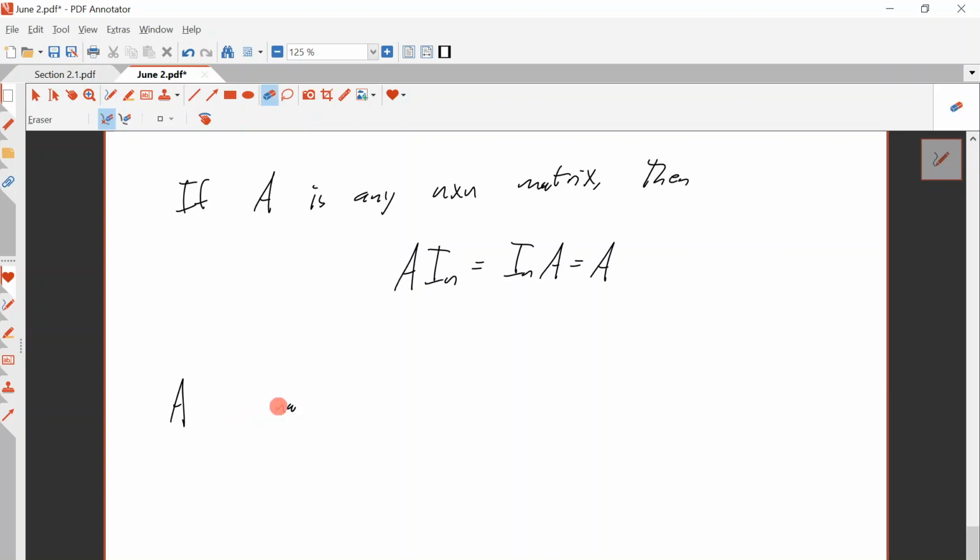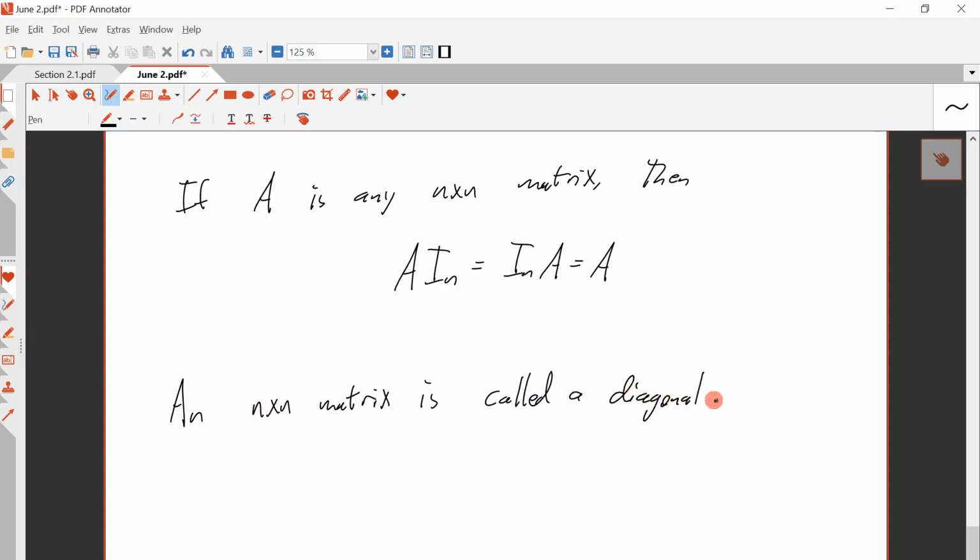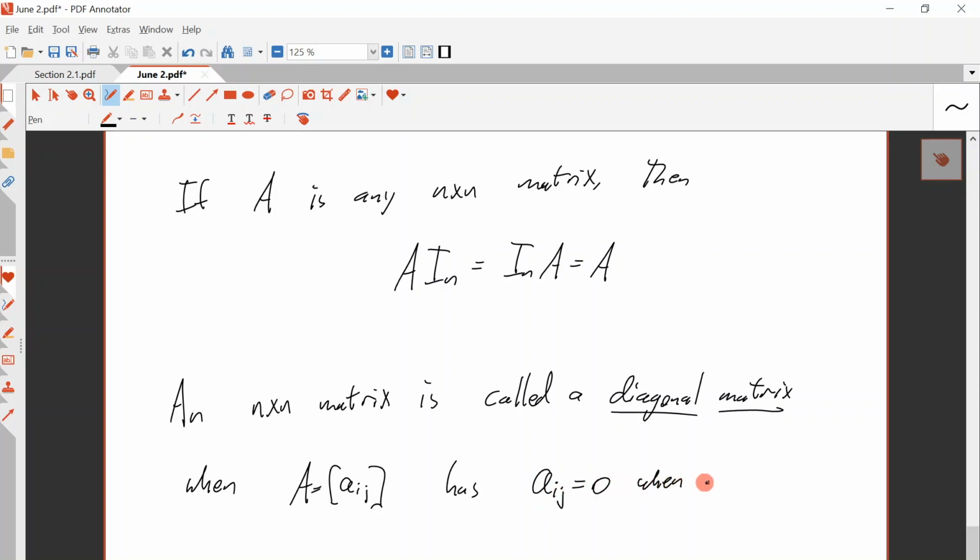An n by n matrix A = (a_ij) is called a diagonal matrix when a_ij is equal to 0 when i is not equal to j.